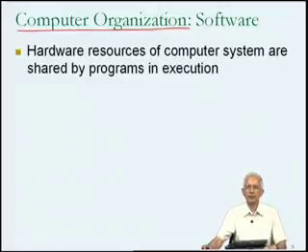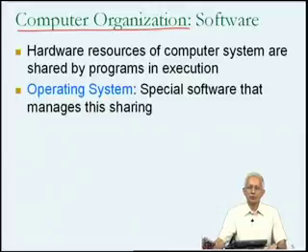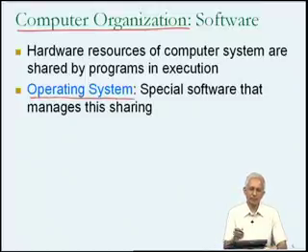There could be 5 programs in execution. So there must be some software which is helping in doing this, and one of the very special pieces of software that manages the sharing of the hardware resources among the many programs in execution is known as the operating system. So we do need to know a good deal about the operating system to understand what happens when our programs run on a computer system.